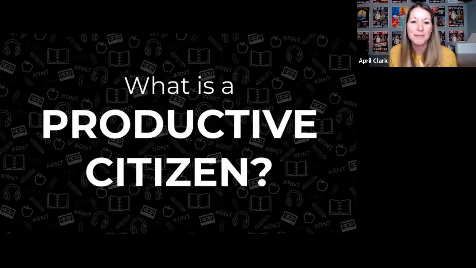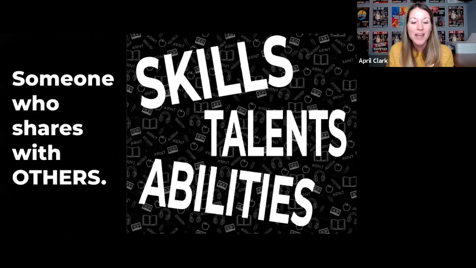How can we help them to become that productive citizen of society that we hope they will be? But first we have to understand what that exactly means. Well, a productive citizen is someone who shares with others, but not just anything. A productive citizen is someone who shares their skills, talents, and abilities with others.